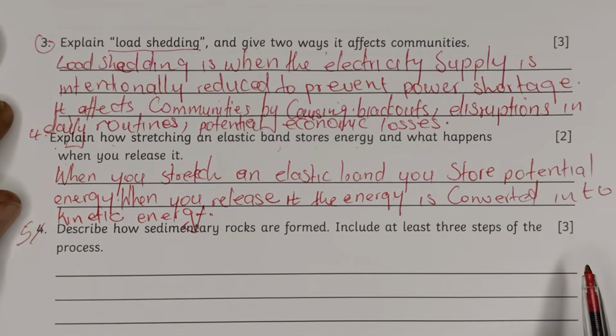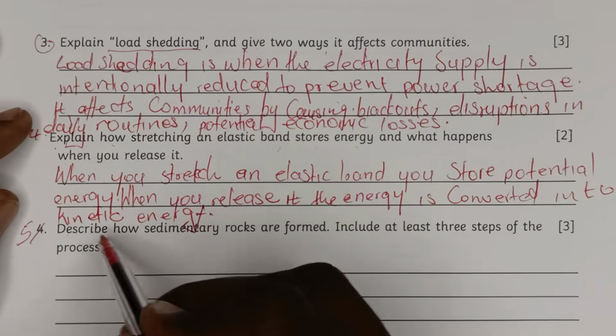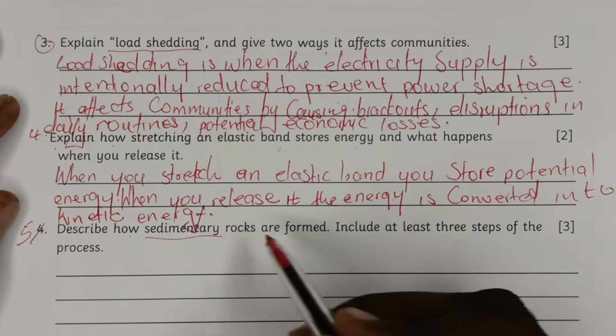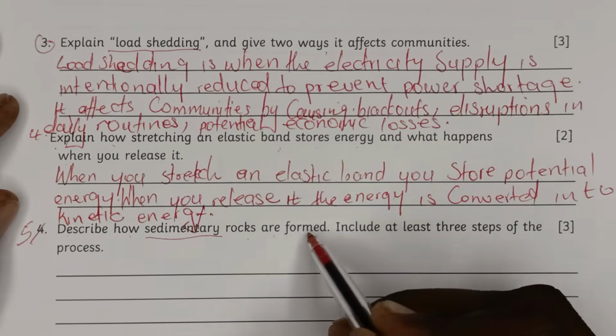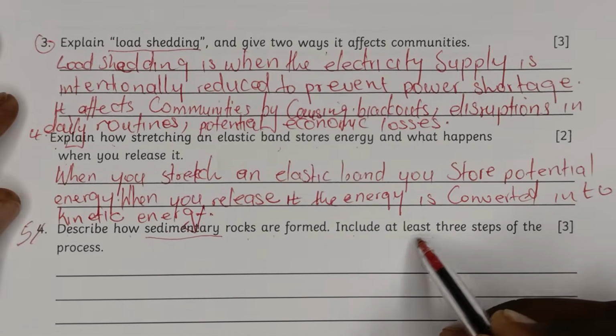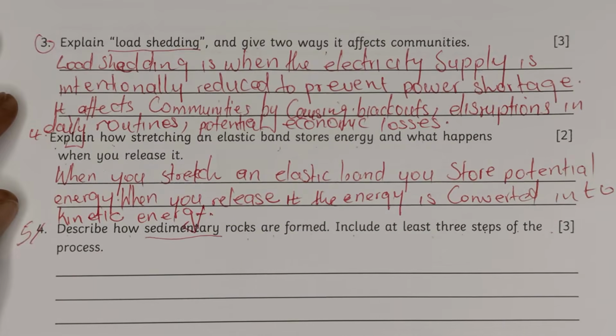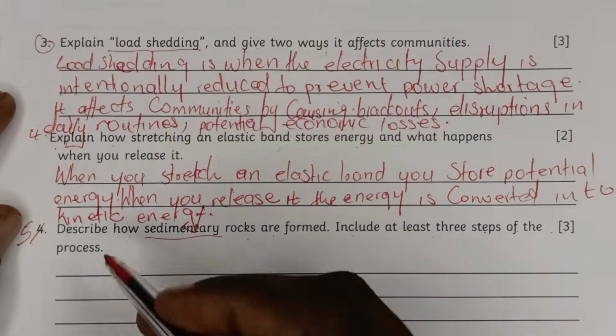So question 5 says, describe how sedimentary rock is formed, include at least 3 steps of the process.